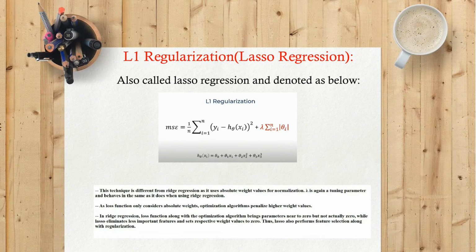In ridge regression, the loss function along with the optimization algorithm brings parameters near to zero but not actually zero, while Lasso eliminates less important features and sets respective weight values to zero. Thus, Lasso also performs feature selection, along with regularization.